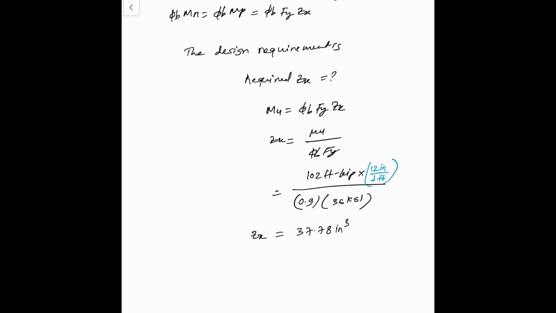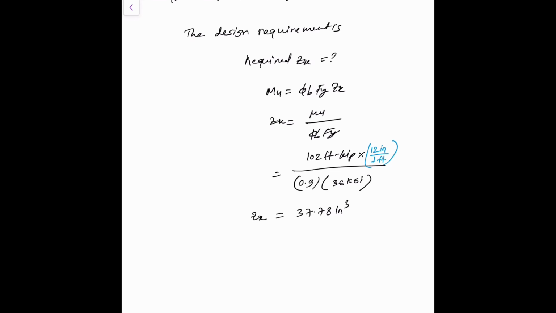Now using this plastic section modulus value, we can go to the AISC Steel Construction Manual. I have AISC's 14th edition. When you go to Table 3-2, let's select the section from here.